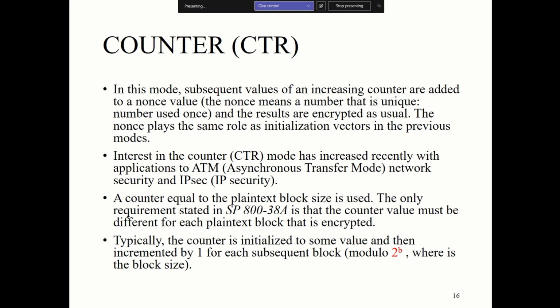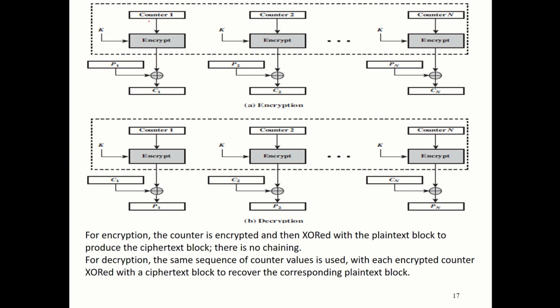This counter value is a random one, and for each block we will have a different one. So we have counter 1 for the first block, counter 2 for the second block, counter 3 for the third block, and so on. We put each counter into the encryption and use the same key. All of them will use the same key.